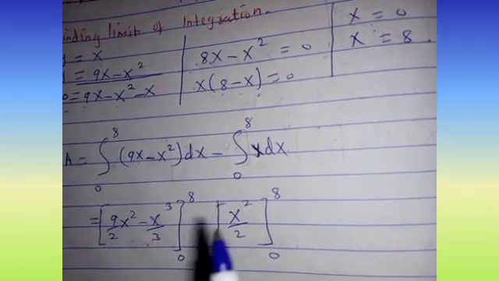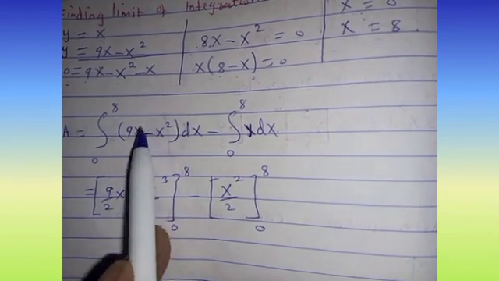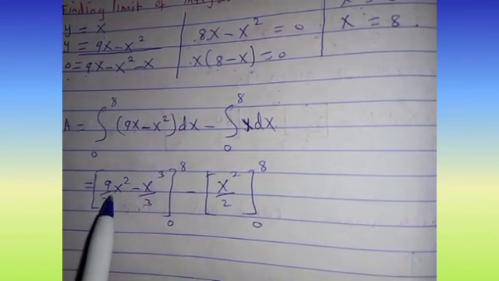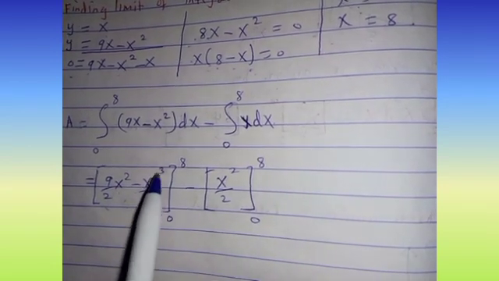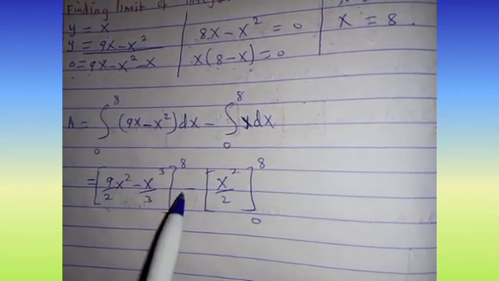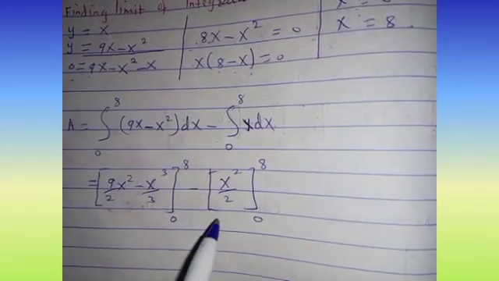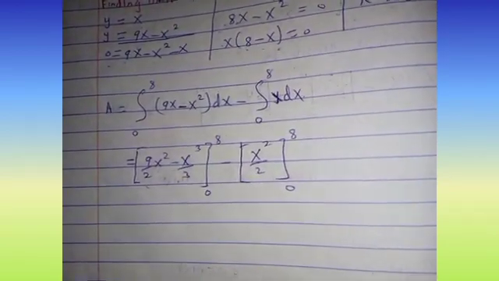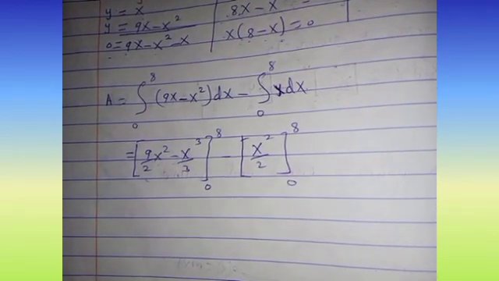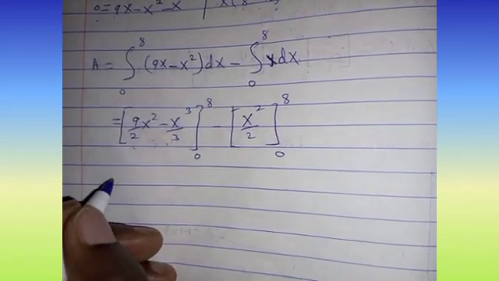And when we do that, here we have 9 over 2 x squared minus x cubed over 3. That way, minus. We integrate this. This is x squared over 2. That way. And then from there, we substitute the boundary as shown.